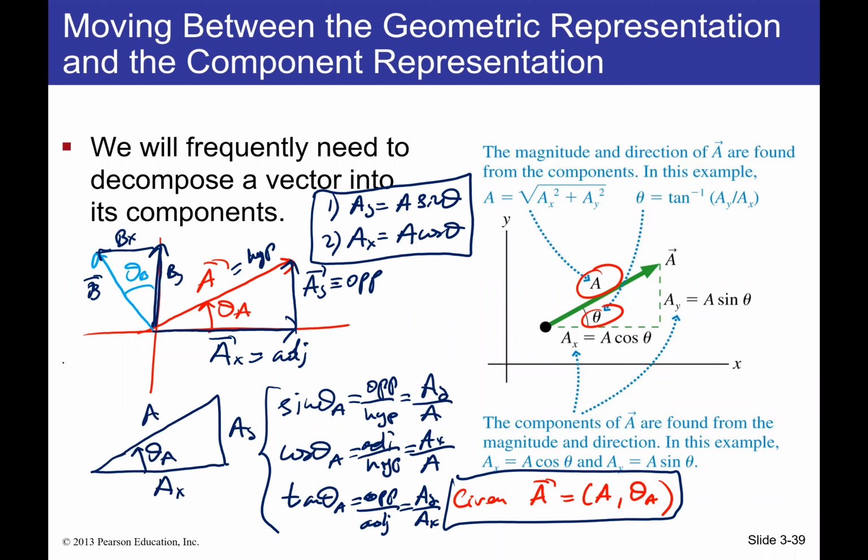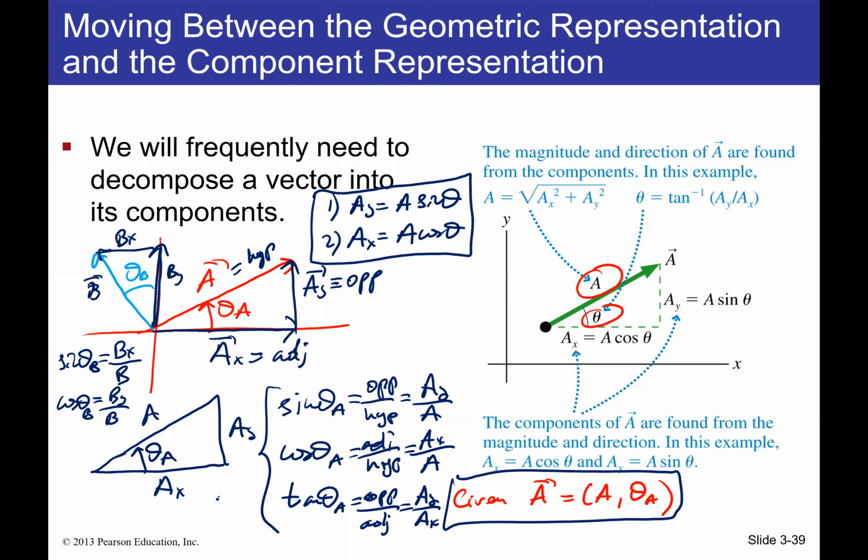Now in this case, sine of theta B is equal to opposite, which is BX, over hypotenuse, which is B. And cosine of theta B is equal to adjacent, which is BY, over hypotenuse, which is B. So you have to be careful: is theta given with respect to the x-axis or the y-axis? Your triangle would change, and the opposite and adjacent sides will also be different. So be careful with that.